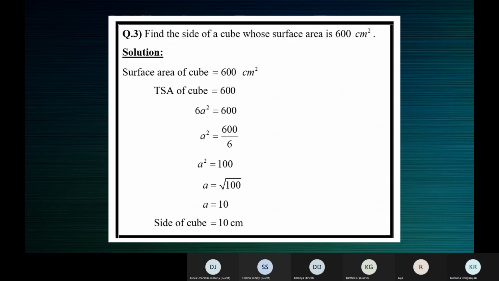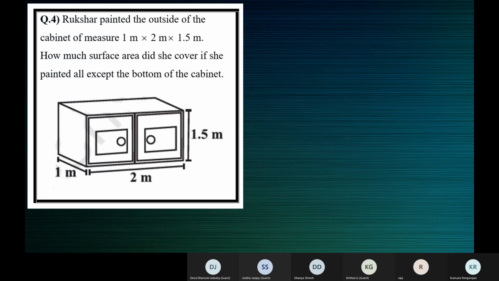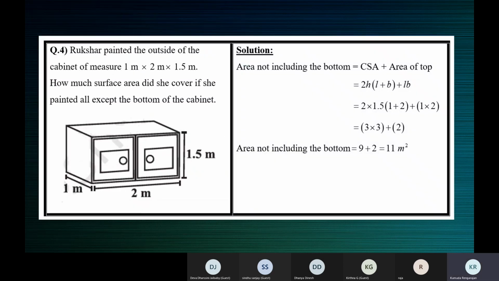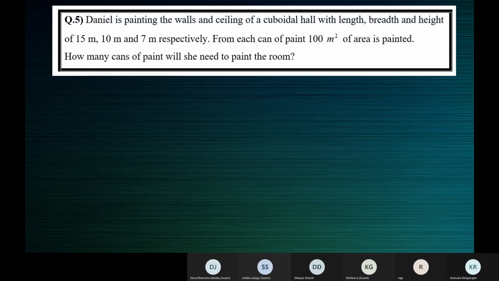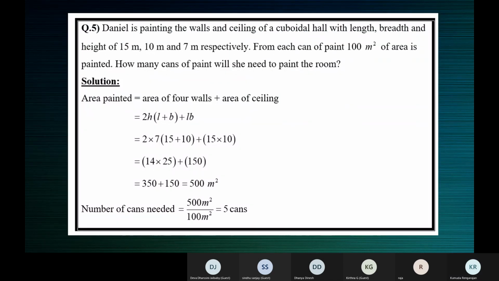Complete this one. You can do this. Please do this one. Taken, ma'am. All right. You can just try this. We'll discuss these answers, children. Don't worry. Please do this.